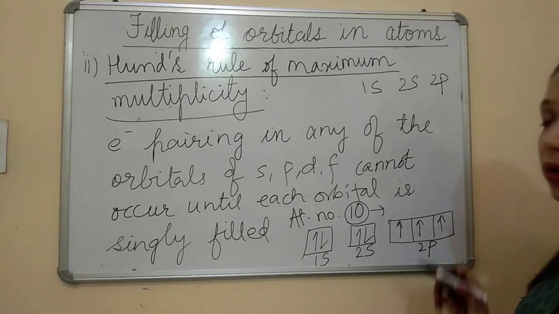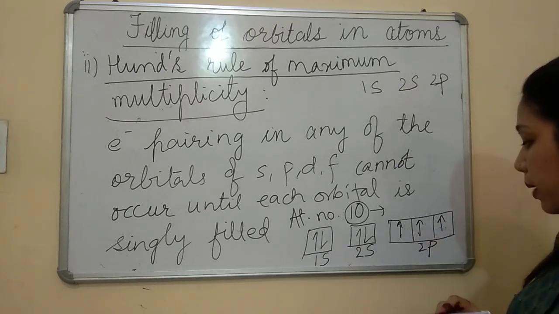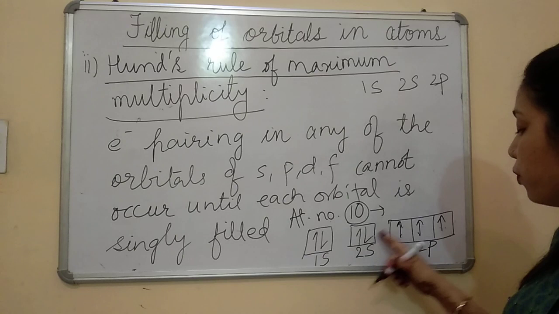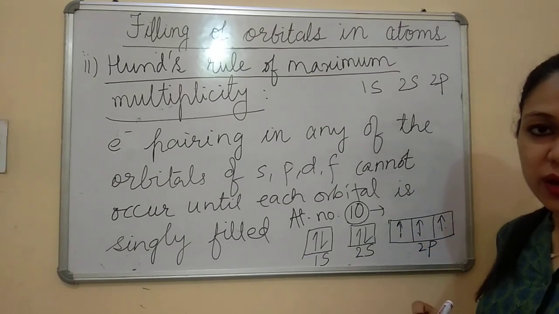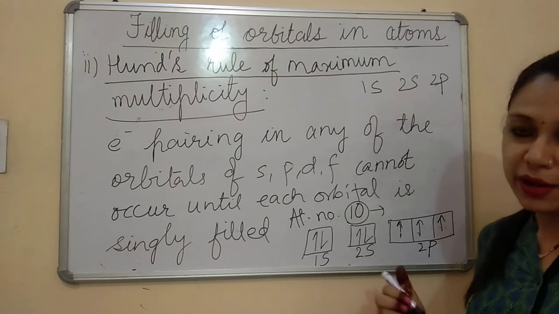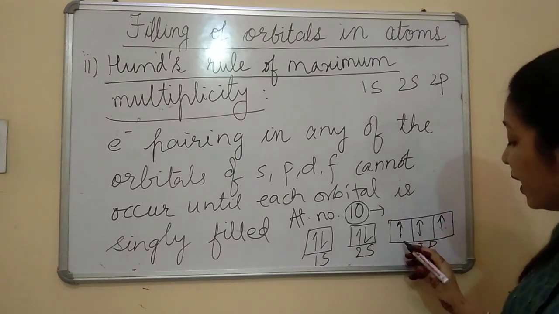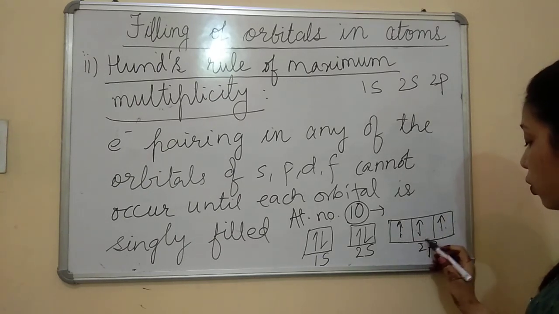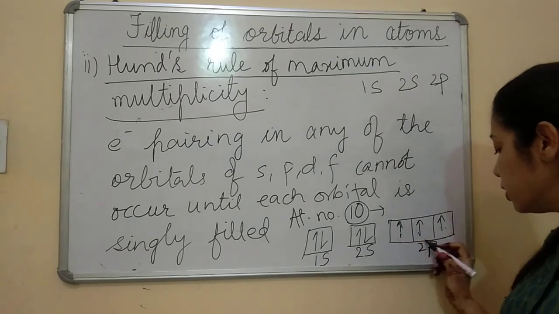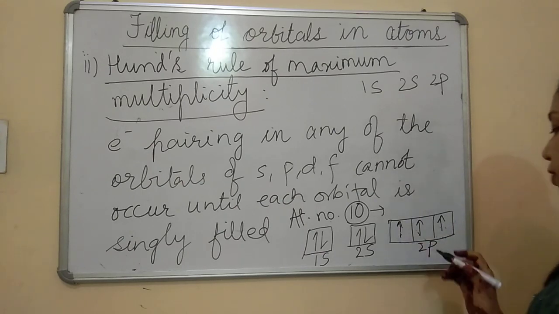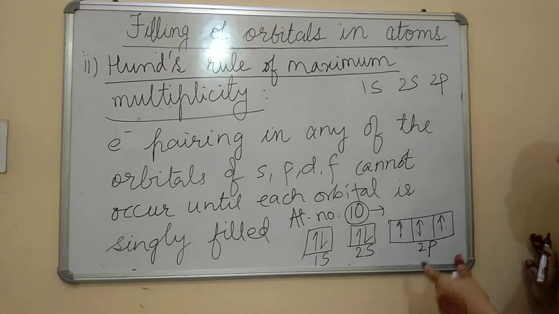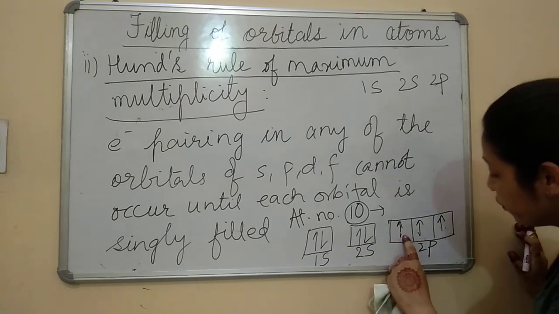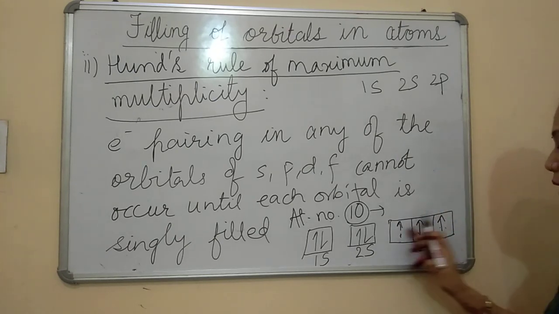After filling singly, if we still have electrons left, as right now 1 2 3 4 5 6 7 electrons have come but still 3 electrons are left, so what will I do? Then I will start pairing. First I filled every orbital singly, why? Because the energies of all three orbitals were the same. These 3 orbitals are degenerate orbitals, so it is not a case of increasing order of energy. We have to first singly fill these orbitals 1 2 3.